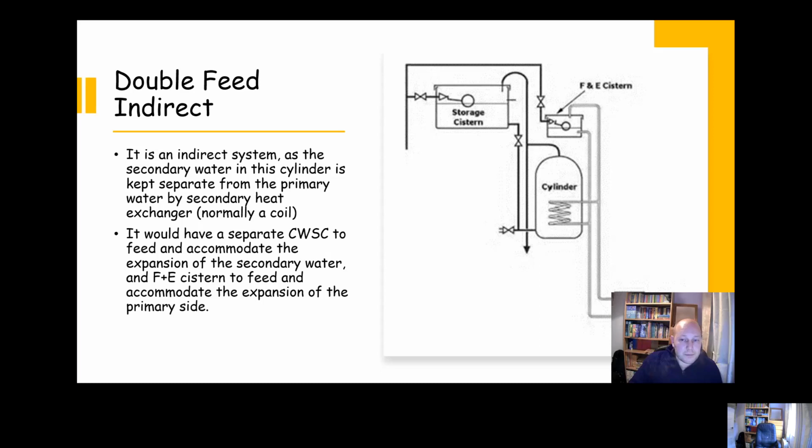Essentially, the primary side, the heating side, would be fed from one source, normally a feed and expansion system if it's an open vented system, and the cylinder would be fed from a storage system. So it's a double feed indirect cylinder, so there's 2 feeds, one for the heating side and one for the hot water side.